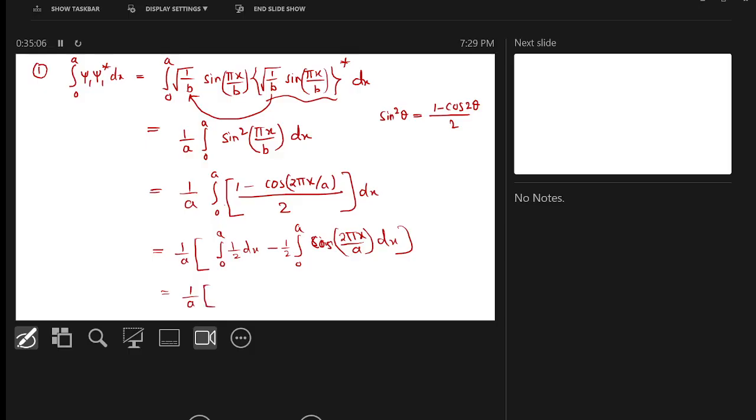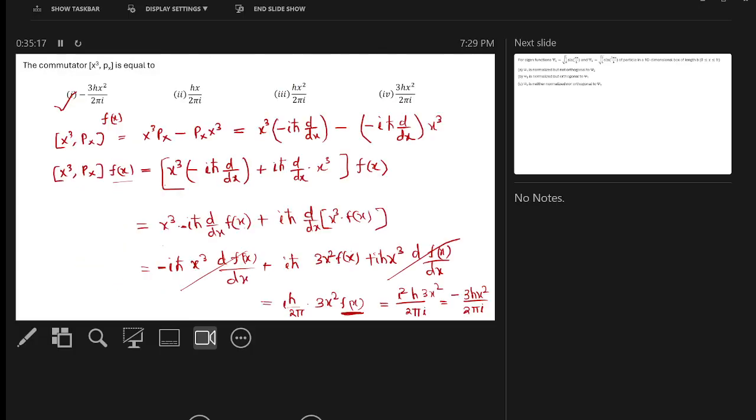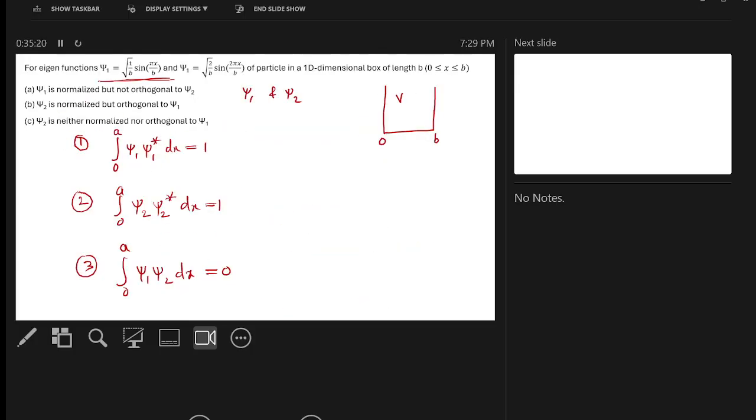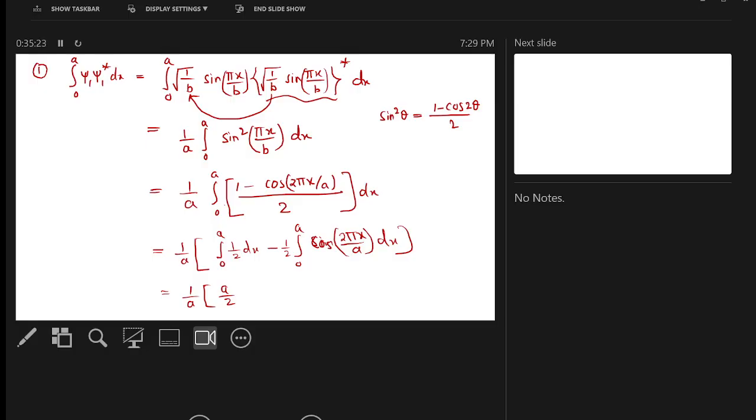So this one you will get a by 2, and from here you get some minus sine 2 pi x by a divided by 2.